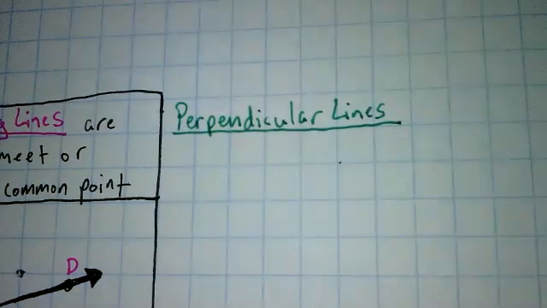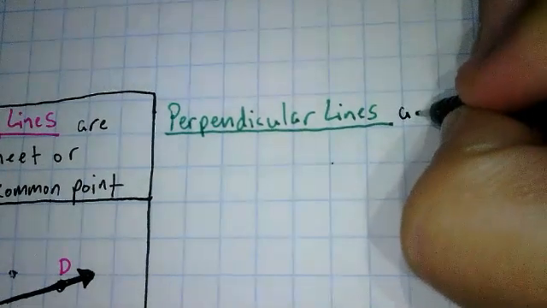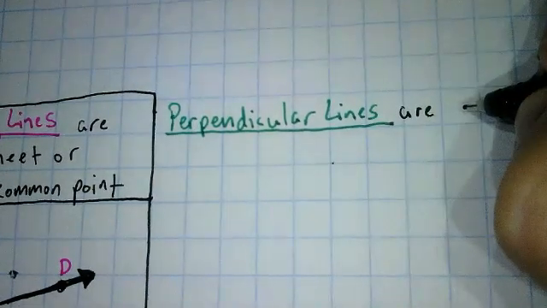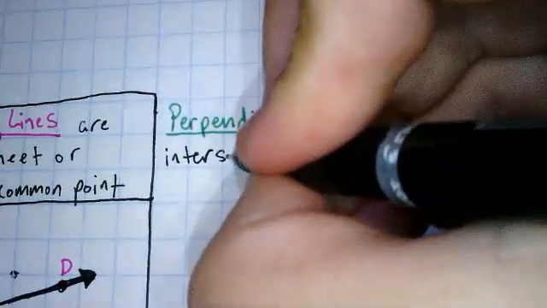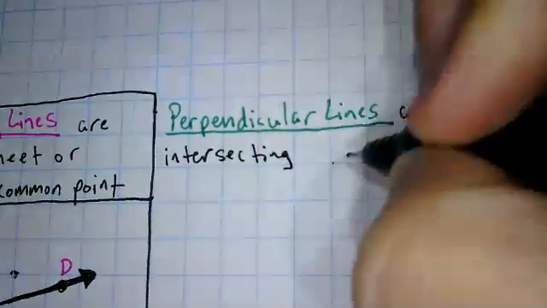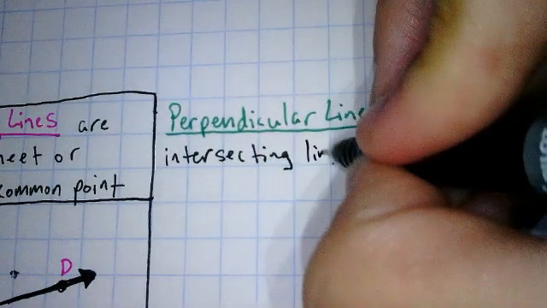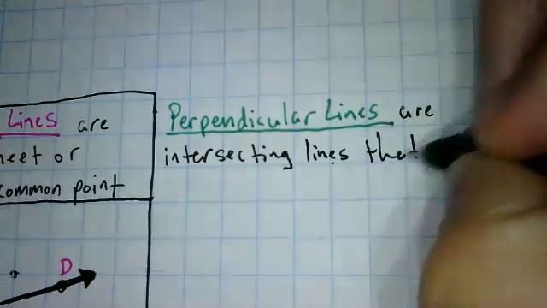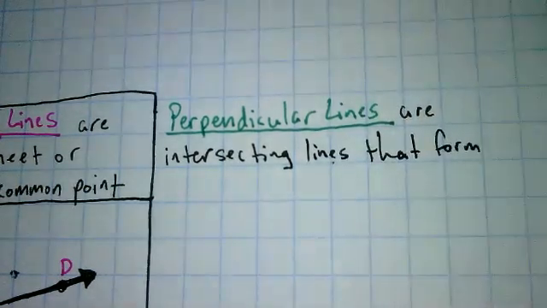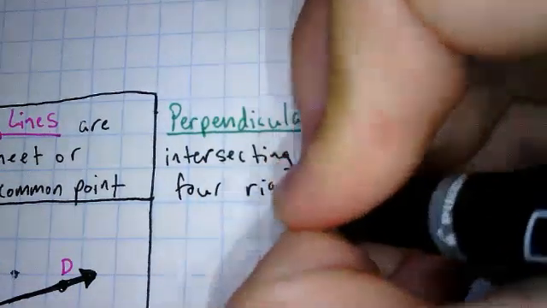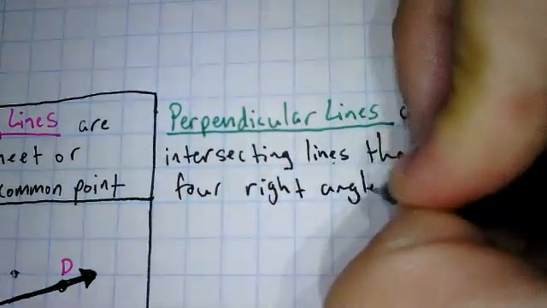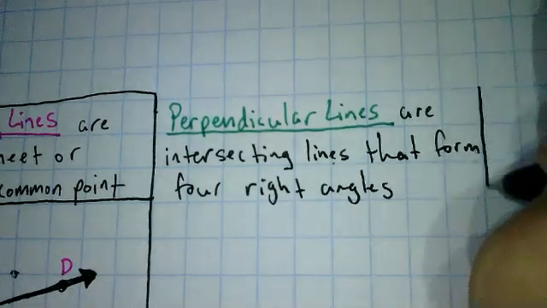Perpendicular lines are intersecting lines that form four right angles. Now we know what a right angle is, right?